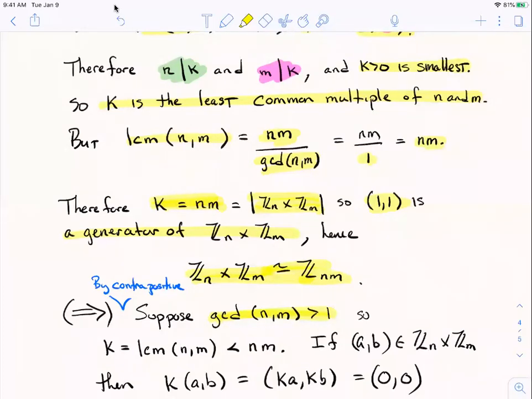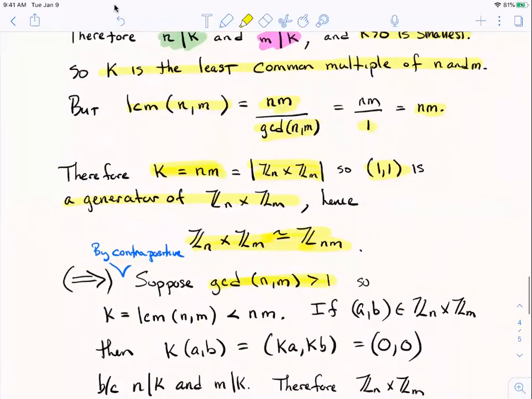So if they're not 1, they're bigger than 1. All right. So this time, let me denote by k the least common multiple of n and m. And again, by this fact that the least common multiple is the product divided by the greatest common divisor, if my greatest common divisor is bigger than 1, then the least common multiple is less than nm.